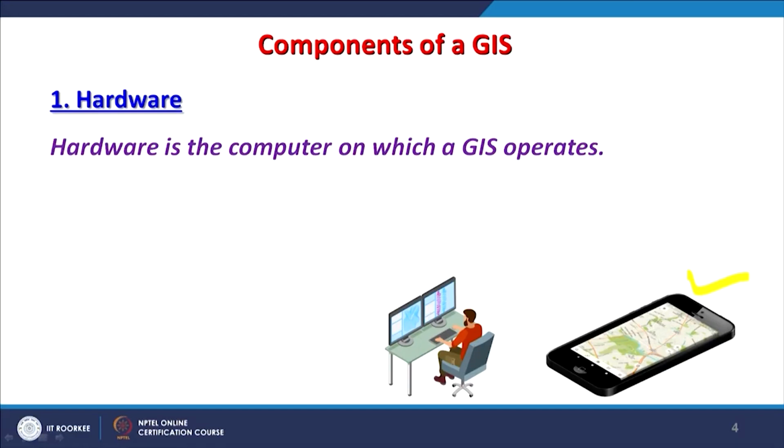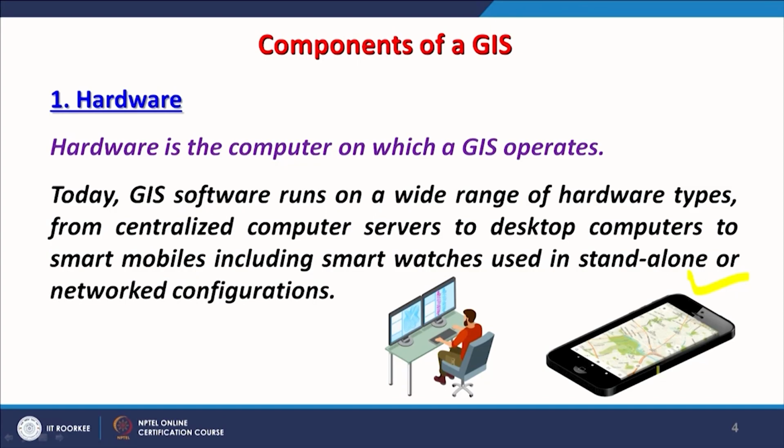So, from big computers or workstations or servers to your mobile, for all kinds of hardware now GIS software is available, or custom designed GIS software is available, which can work on these different hardwares available today. So, GIS can run on a wide range of hardware types, from centralized computer servers to desktop computers to smart mobiles, including now even smart watches.